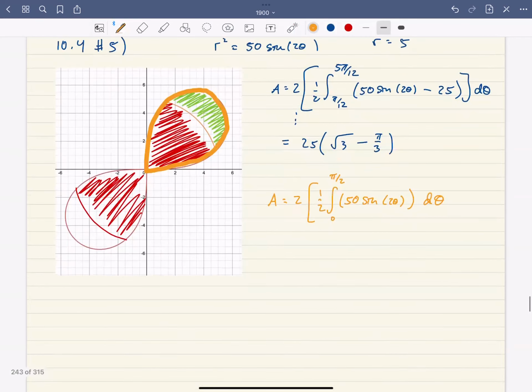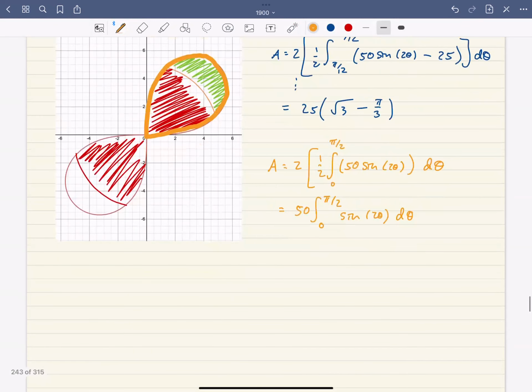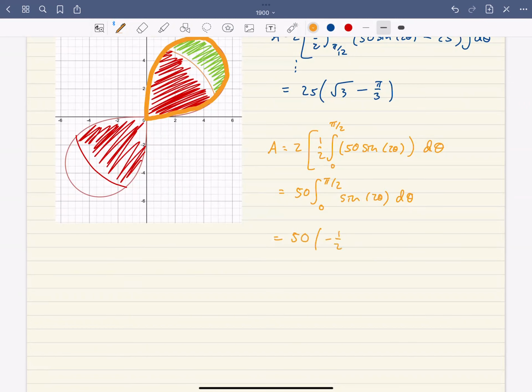And so the 2 and the 1/2 cancel. The 50 we can bring out. So this is 50 times the integral of sine of 2 theta from 0 to pi over 2. And so that's going to end up being 50 times negative 1/2 cosine 2 theta, evaluated from 0 to pi over 2.